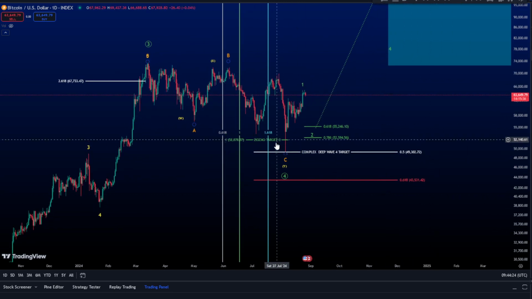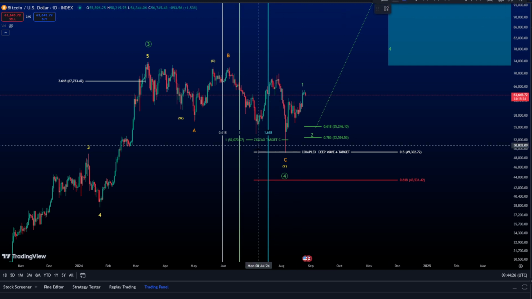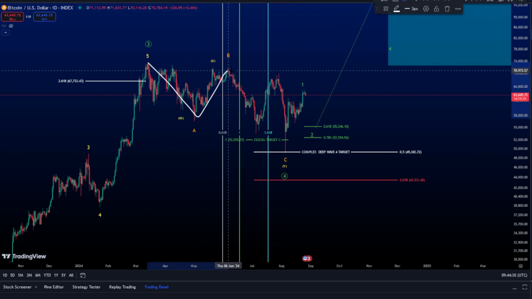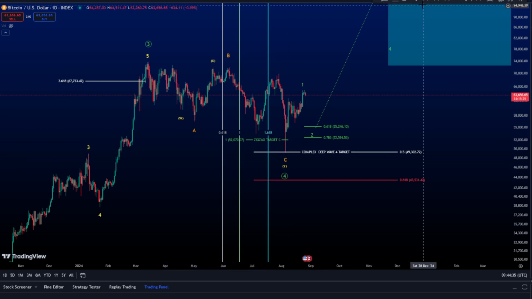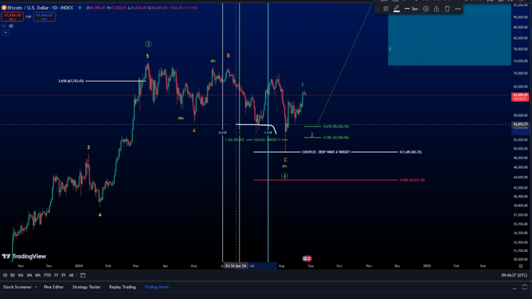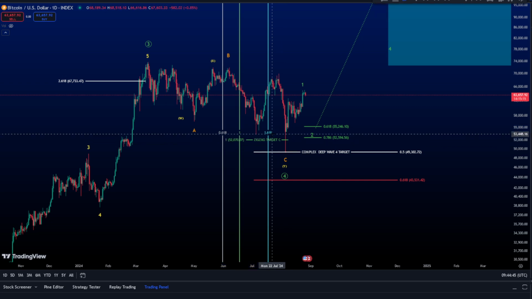However, this is still questionable, whether it's a finished wave 4 and a finished wave C, where the wave C has finished also after the maximum fib time required for a wave C. Based on Elliott Wave theory, the maximum time that a wave C could have is 1.618.